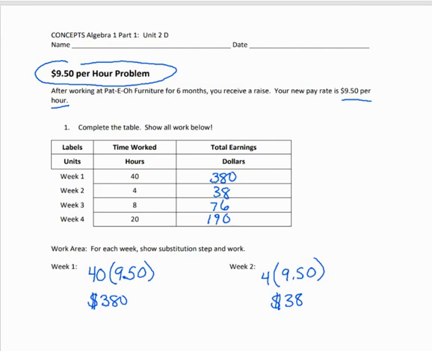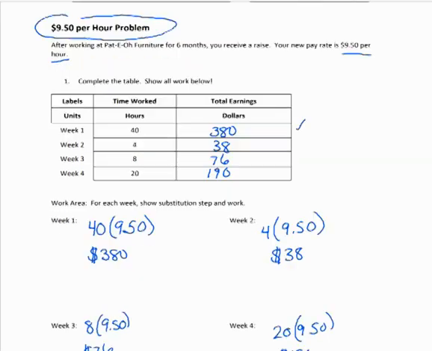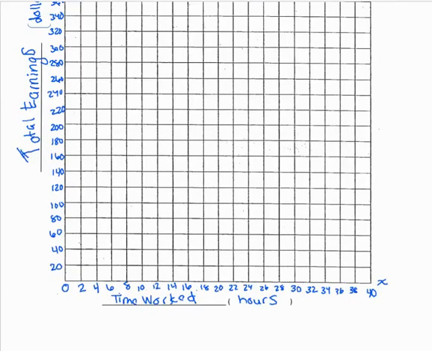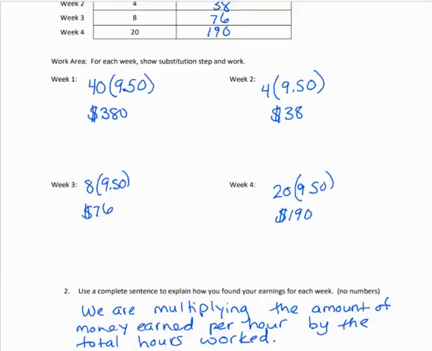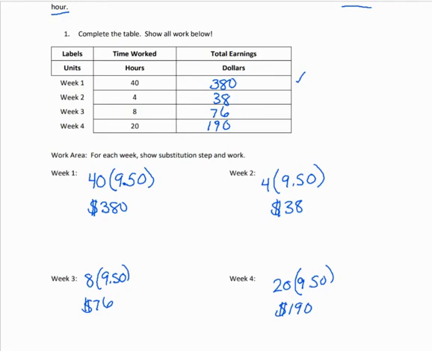So I'm going to first plot (4, 380). I'm going to put a little check there to remind myself I did it. So (4, 380) means we would go across to 4 on the hours and up to 380 on the money. And there I am near the top of the graph. Okay, everybody go ahead and plot the other 3 points. (4, 38) and so forth. So keep on going.